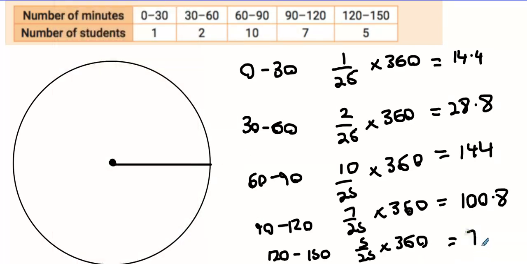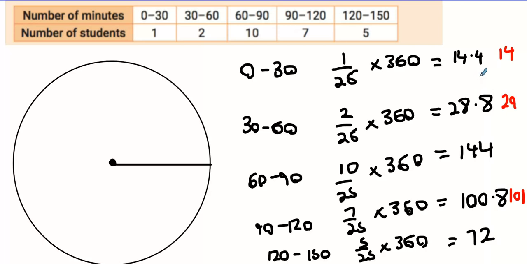72. Now, guys, when we round them, we want to make sure that they add to the right amount. So if we round two of them upwards, look at this, guys. What do you think happens if I call this 14 and I call the two of these 29 and 101?